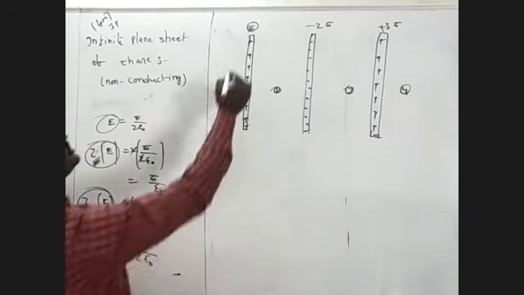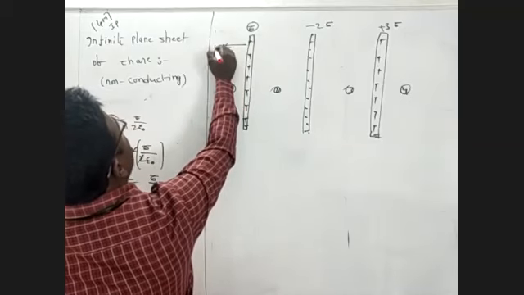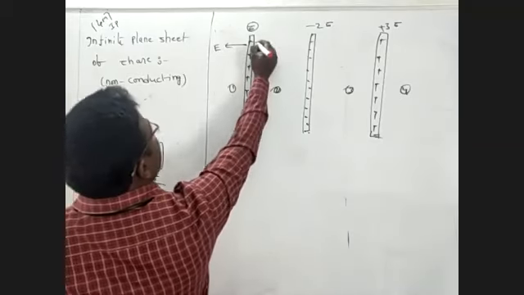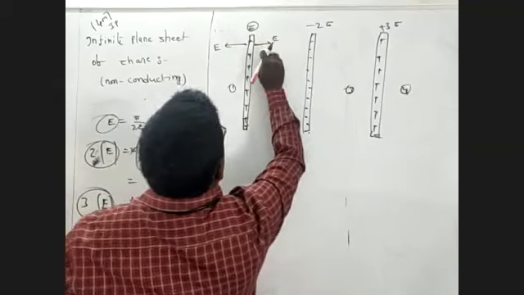For the first plate, the direction of electric field is outward, this is E. For this plate, in this region, the direction of electric field is E, and upward in this region. For the negative plate, the field is inward. What is the electric field for this plate?